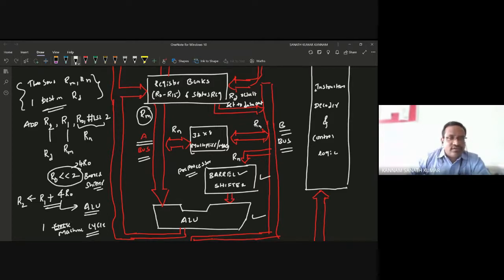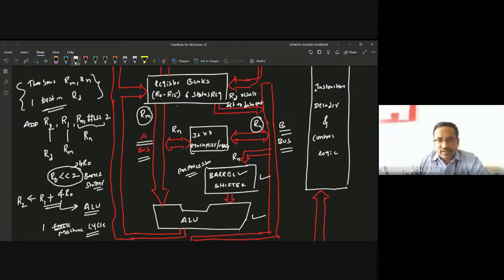The data is stored in the two source registers. One register comes through the A bus and another comes through the B bus, and the content of this register is pre-processed by the barrel shifter.